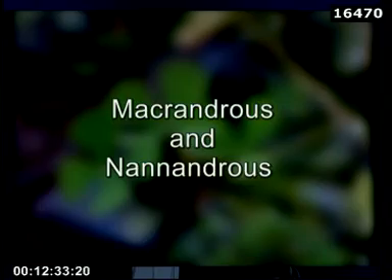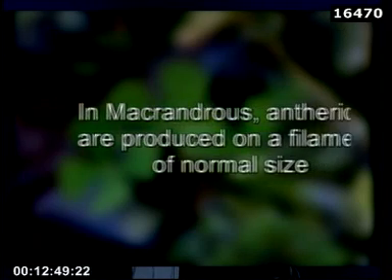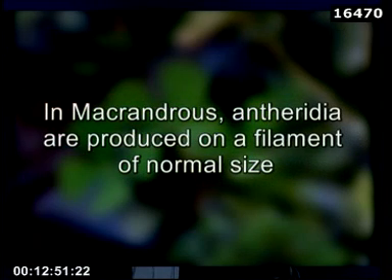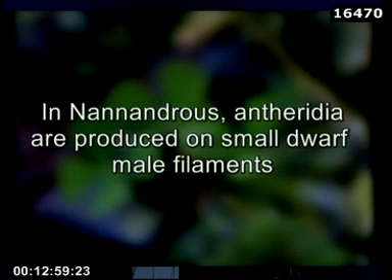The two can be differentiated from each other by the possession of small dwarf male filaments in nannandrous species, whereas these dwarf male filaments are not found in macrandrous species. In macrandrous species, usually the antheridia are produced on the filament of normal size, whereas in nannandrous species, the antheridia are produced on small dwarf male filaments.